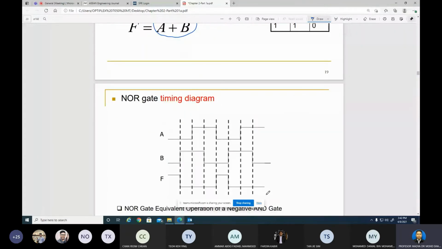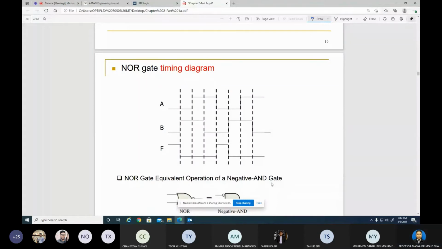So you can see on the timing diagram, where the inputs are 0, 0, the output here and here will be 1. For the rest, because it's not 0, 0, the output will be 0. So this is the timing diagram for the NOR gate.